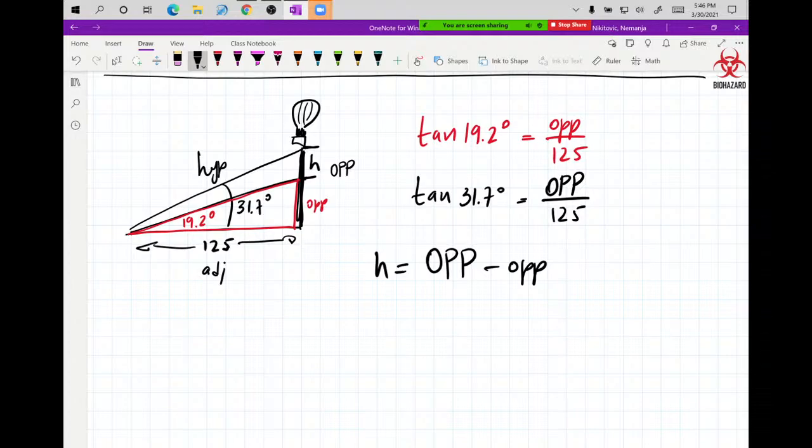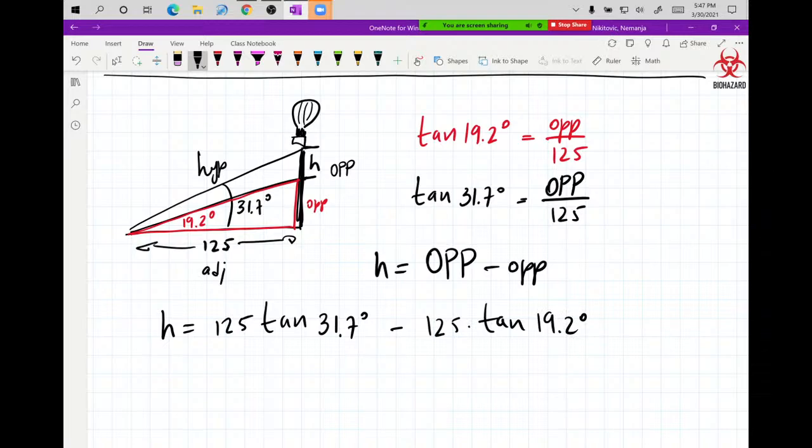So if you stuff all of this in the same equation, when you move 125 to the other side to get the opposite alone, the capital Opposite is 125 tangent of 31.7 degrees, minus 125 tangent of 19.2 degrees. And this is something that you can just stuff in your calculator.